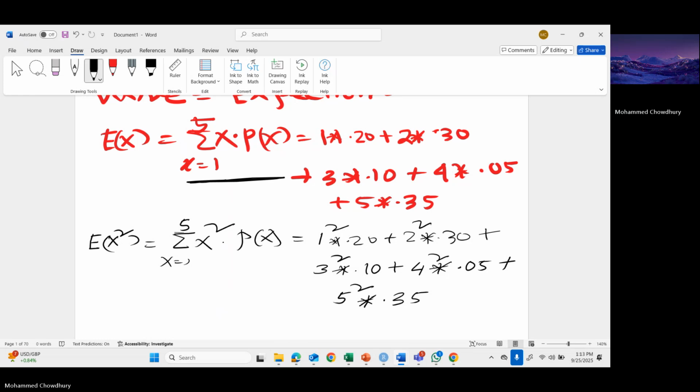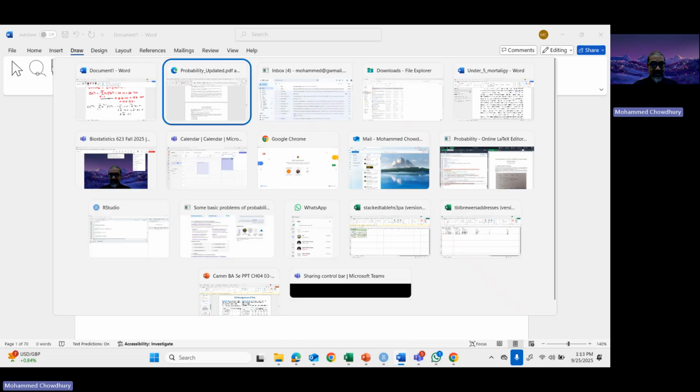I want one of you to help me compute these things. If you cannot, let me do it by myself.